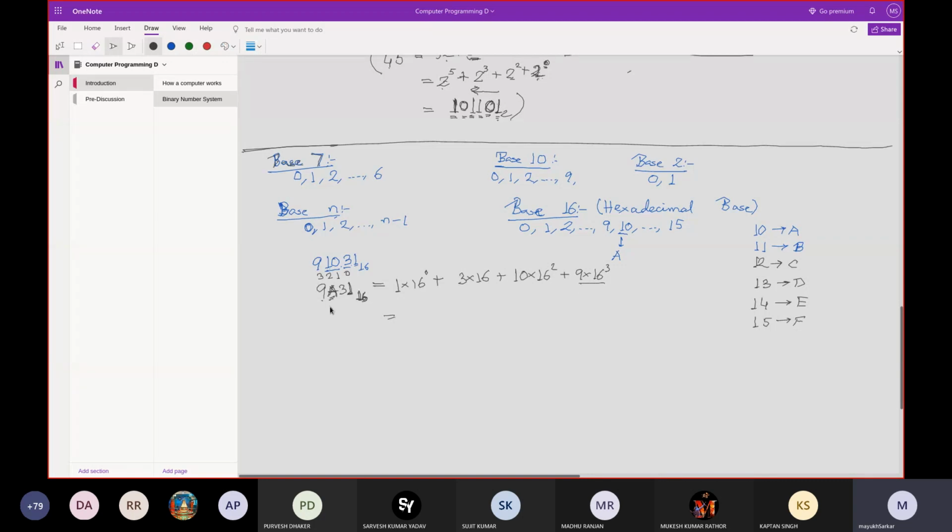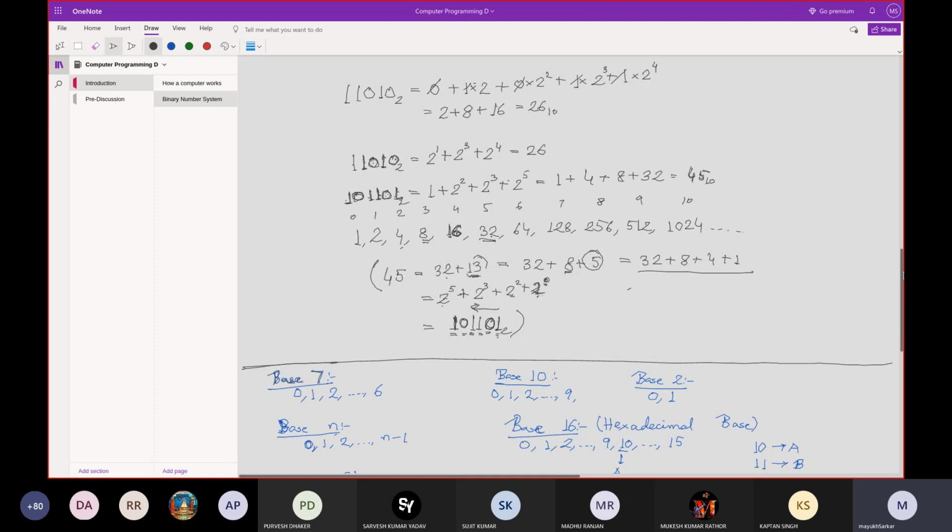A means, what is the value of A in hexadecimal? It is 10, right? So 10 into 16 square, 3 into 16 to the power 1, so 16 itself, and 1 into 16 to the power 0, that means 1 itself. Is it clear? So the same thing that we have discussed here.